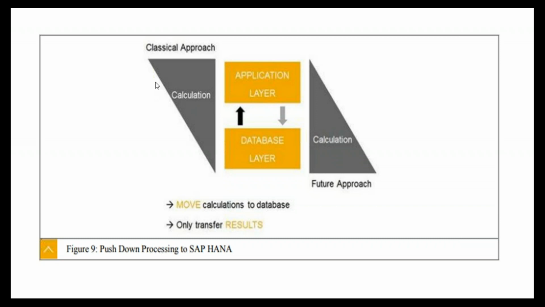But in the HANA platform, the code will run on the database layer. So we are shifting that load from the application layer to the database layer. The calculations are all done in the database layer, and we just present that data on the screen. So we're reducing the load on the application, and we're increasing the load on the database layer.